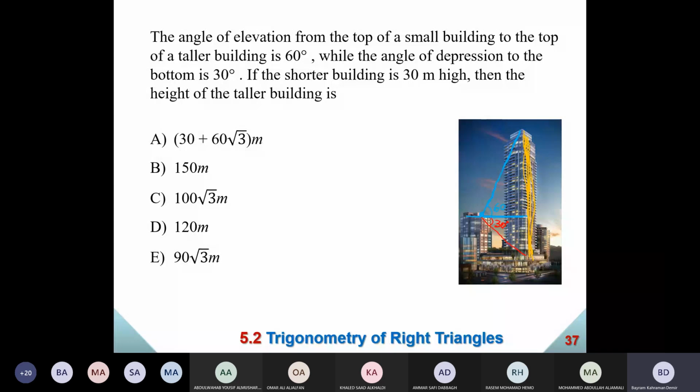So this is your level, of course. So you are looking up 60 degrees, and you are looking down 30 degrees. And the small building is 30 meters here.